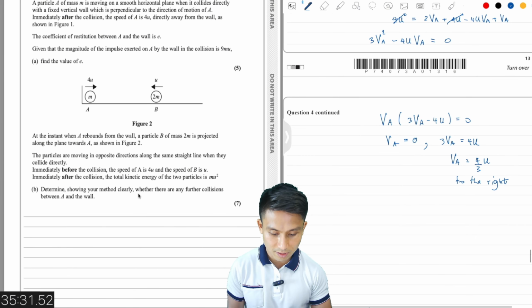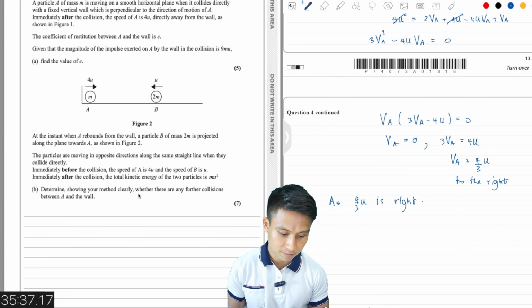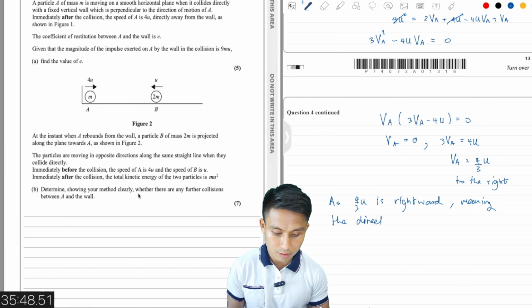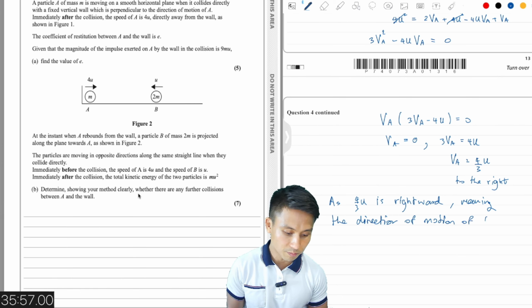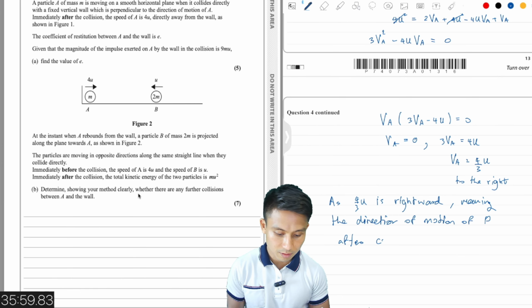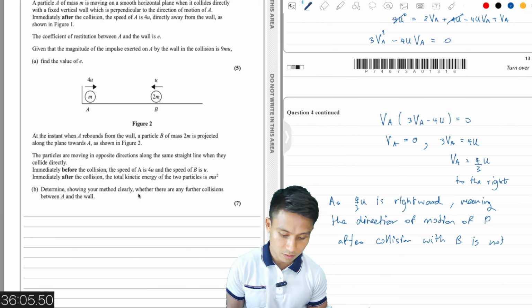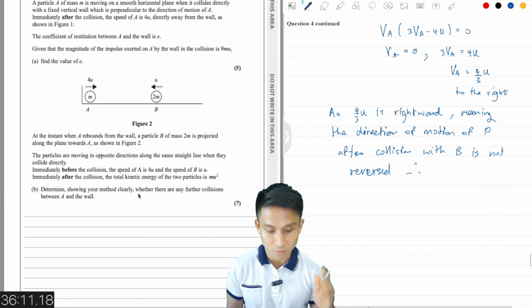So as 4 over 3 u is rightward, meaning that the direction of velocity, the direction of motion of P after collision with B, is not reversed, because it's still positive. Therefore, no further collision with the wall.